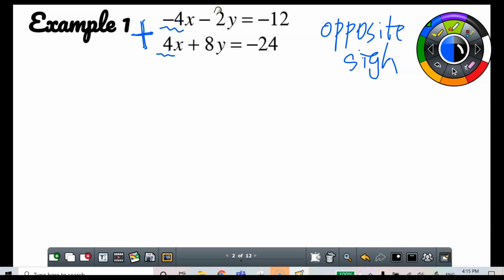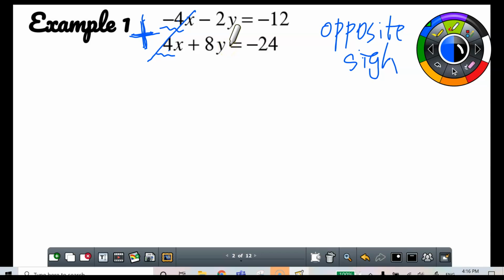So here in front of x, we have two same numbers, and they have opposite signs. So what we need to do is add up the two equations, and let's see what we're going to have. -4x plus 4x is 0. You cancel it out. You eliminated it. Second place is -2y plus 8y.